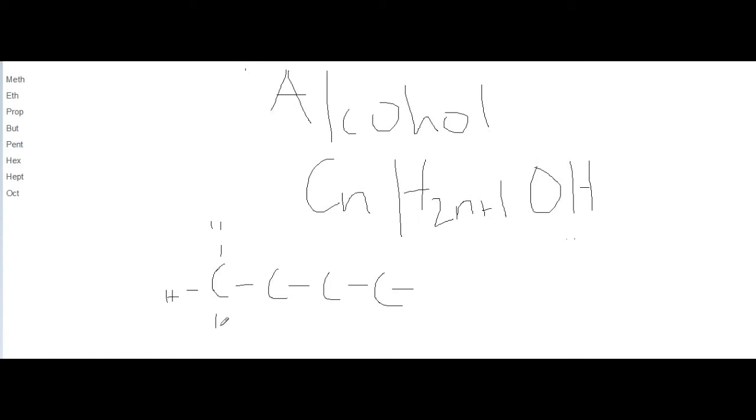So we have H's there, hydrogen is all over, and then the OH group would always come at the end of the series. So it's known as a terminal OH group.